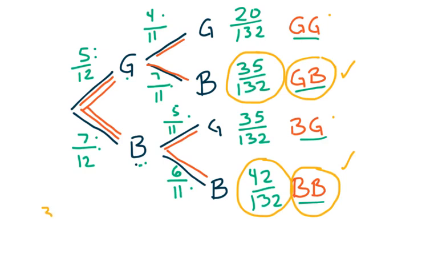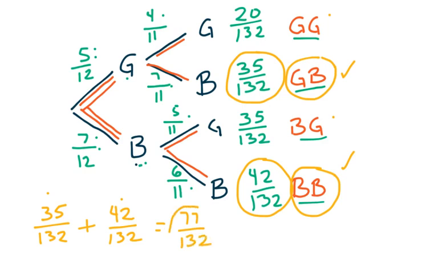So to find out the probability that the second ball is blue, I could get that with green followed by blue, or I could get that with blue followed by blue. And I'll go ahead and add those together and have 77 out of 132. The probability that the second ball is blue is 77 out of 132.